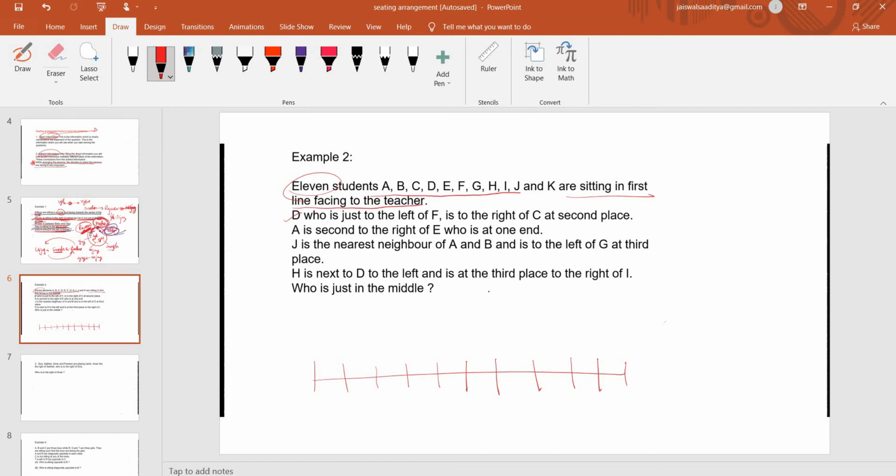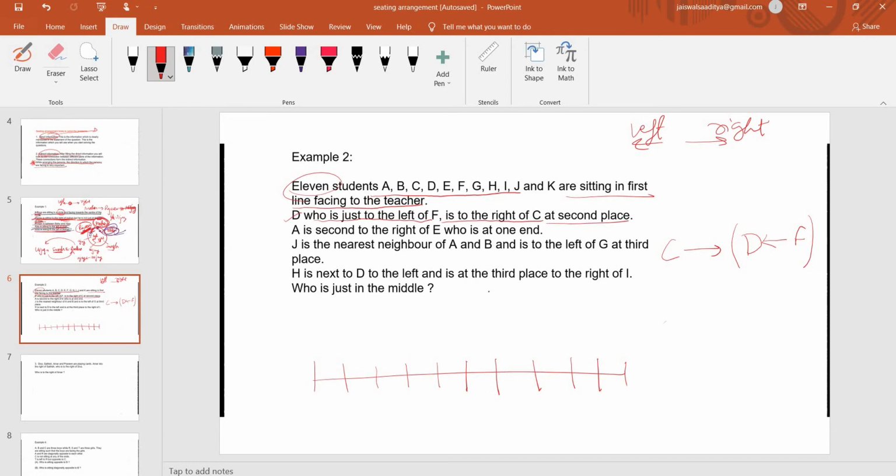D is just left of F. If D is here, then who is just left of F? So this is the left and this is the right. So D is just left of F. D is to the left of F, and they both are to the right of C at the second place.